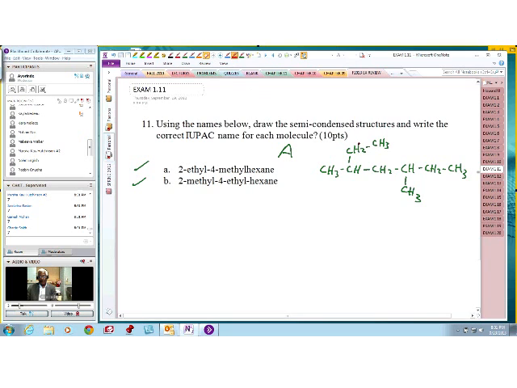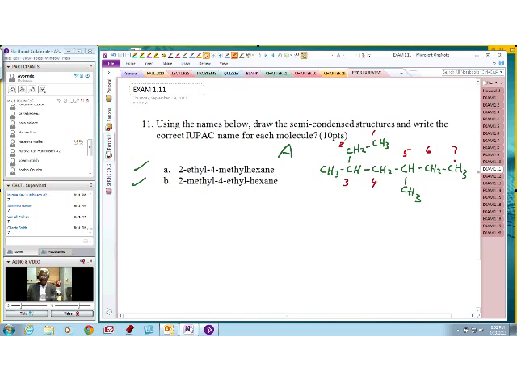Let us say that we start counting from here. Do we start counting from here? Let us see. 1, 2, 3, 4, 5, 6, and 7.